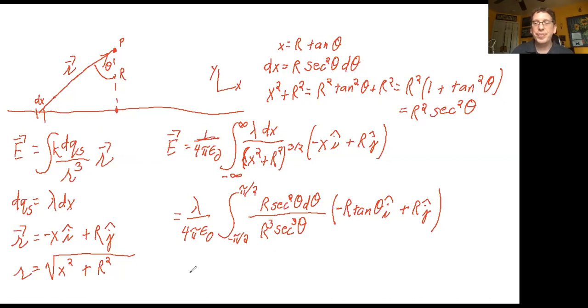But let's simplify this a little bit. So we have lambda over 4 pi epsilon naught, and that's from negative pi over 2 to pi over 2. And so we're going to break the integral in two. I'm running out of space, I realize.